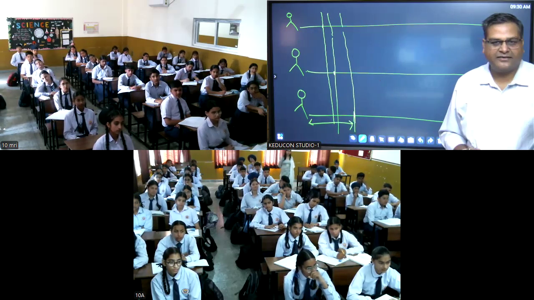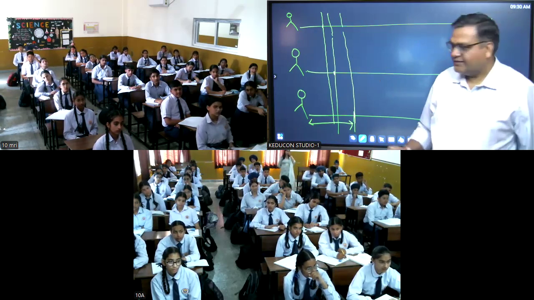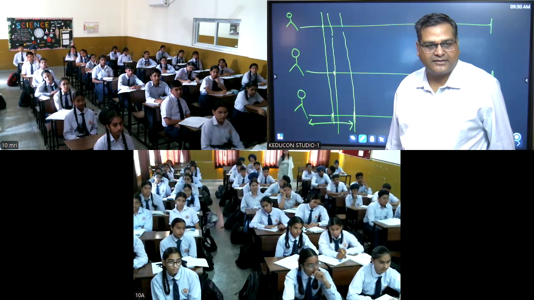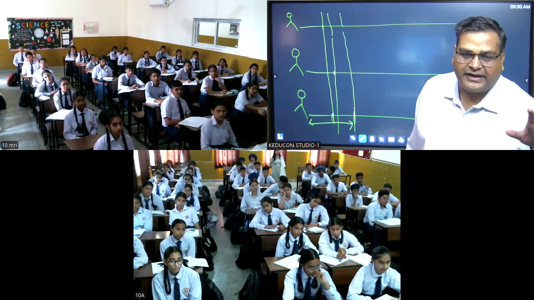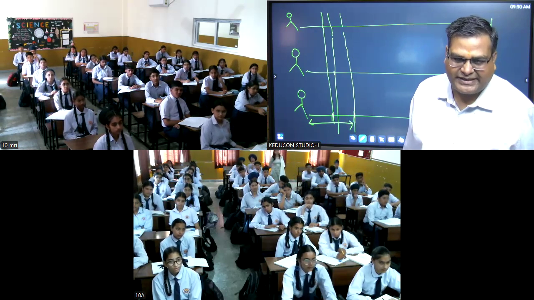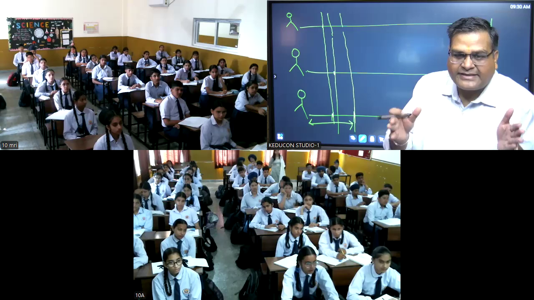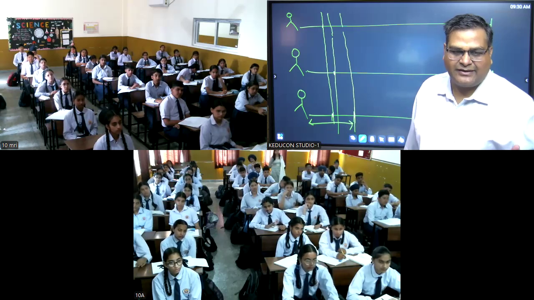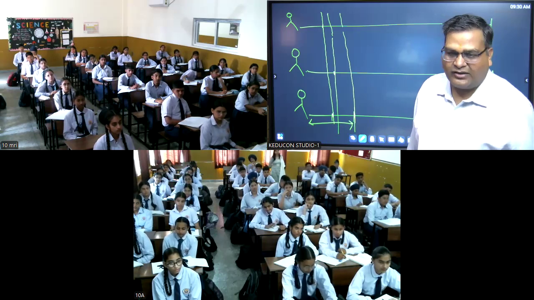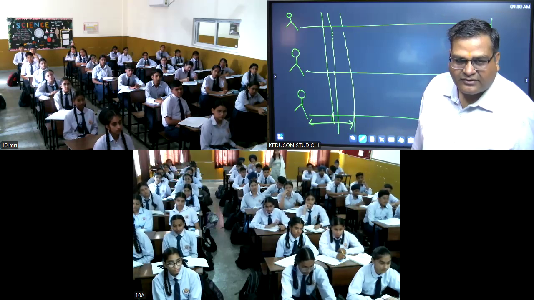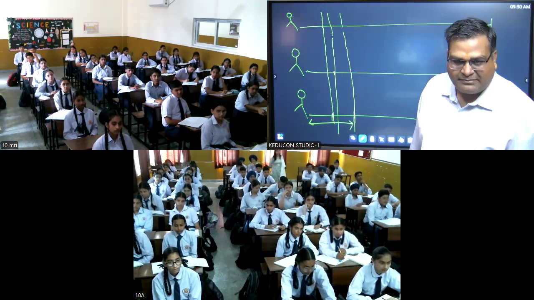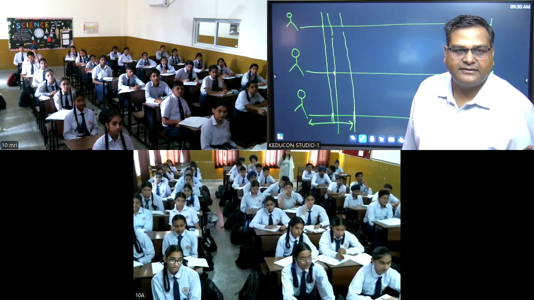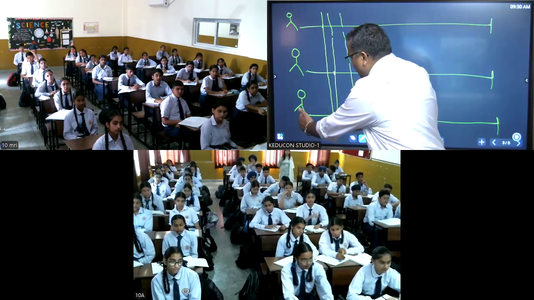Is it clear? Can this step be smaller than this? Beta, if you have to find HCF, what does HCF say? The HCF of 2 or 3 numbers will be less than all the 3 numbers, or at the most equal to the least number. समझ में आ रहा है बेटा? Can you make this step smaller than this?